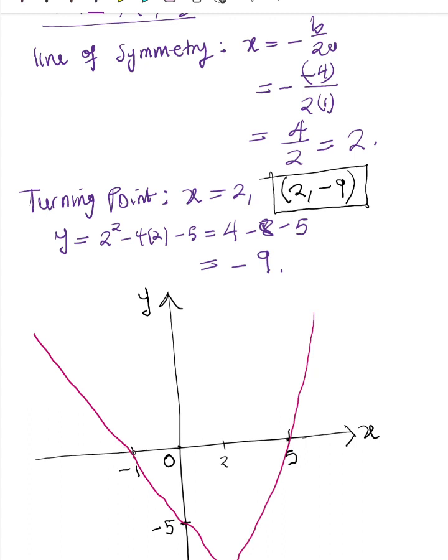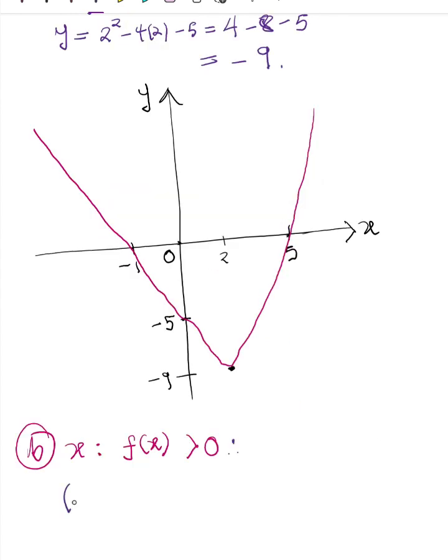You can see after negative 1, this is when the function is in the positive y-axis, and on the right side, after positive 5, the function is above the x-axis. So therefore, this is from negative infinity to negative 1 union 5 to positive infinity.